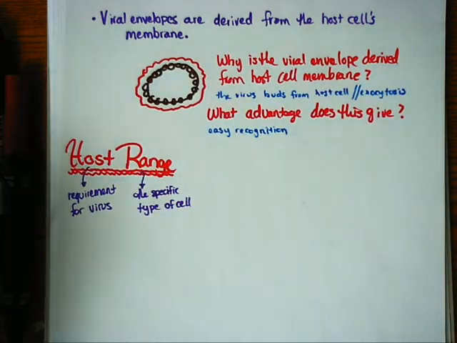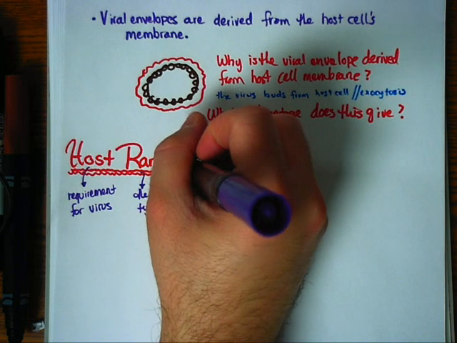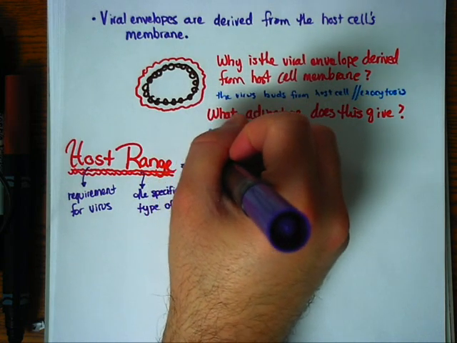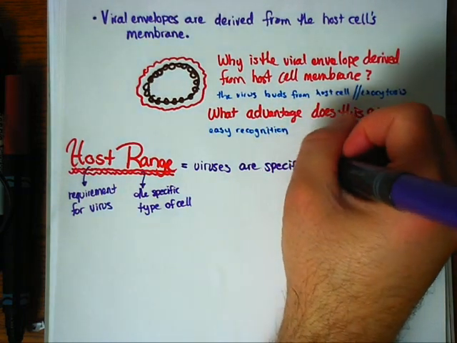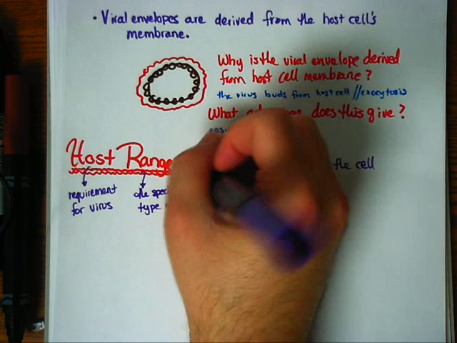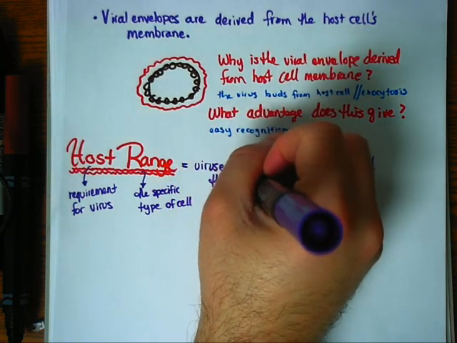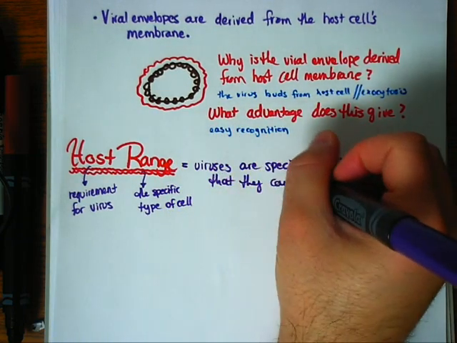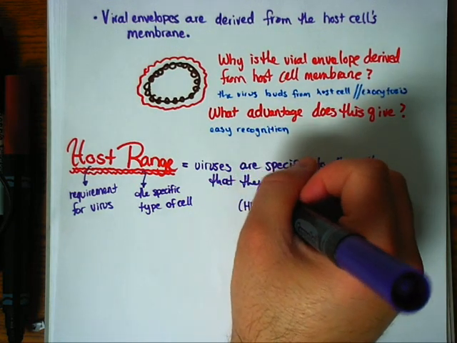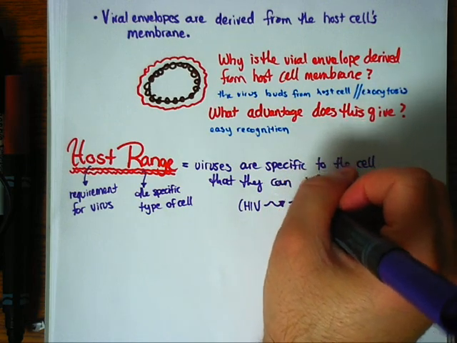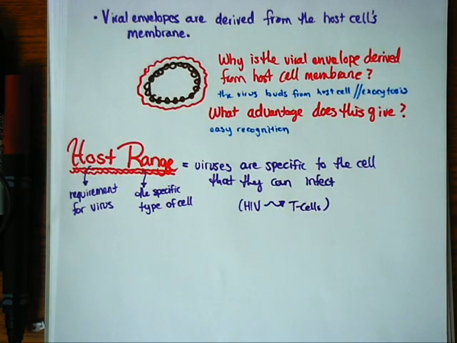So to put these together, the host range is saying that viruses are specific to the cell that they can infect. A good example would be the HIV virus can only target helper T cells. The HIV virus does not attack a red blood cell, or an alpha cell of the pancreas, or a beta cell of the pancreas. Only helper T cells.